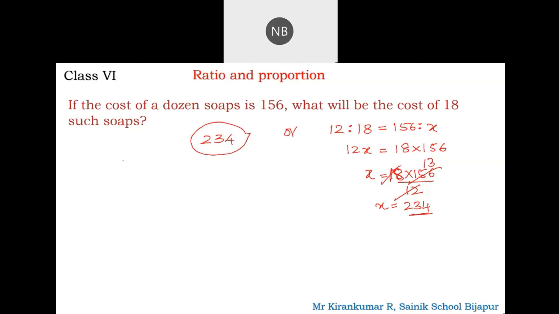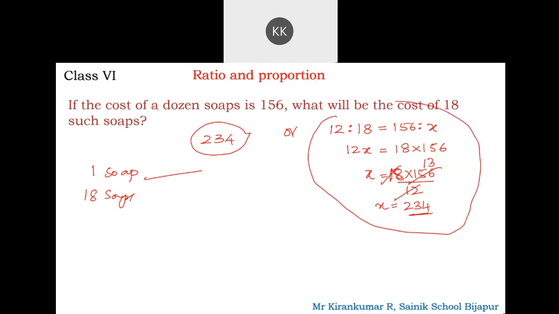So you must understand, if you find the cost of one soap and multiply with 18 soaps, we get the same result as we find using proportion. Both are one and the same.